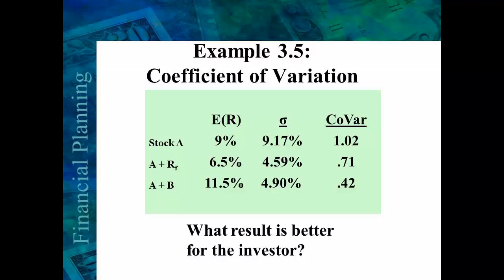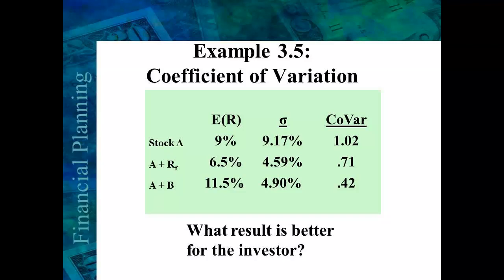Based on the analysis of expected portfolio return and risk, the following coefficients of variation are calculated. For the standalone risky asset, the coefficient of variation is 1.02, or 9.17% divided by 9%.